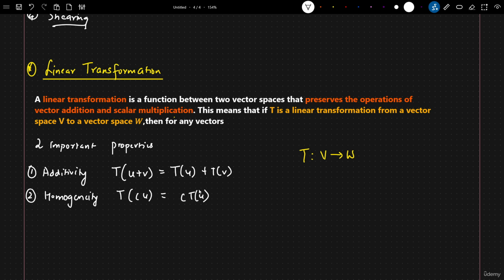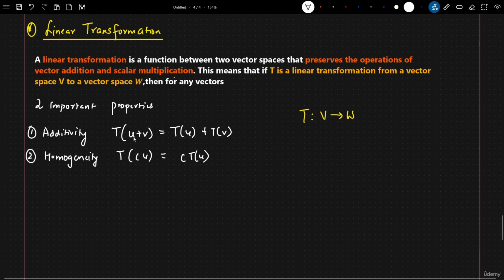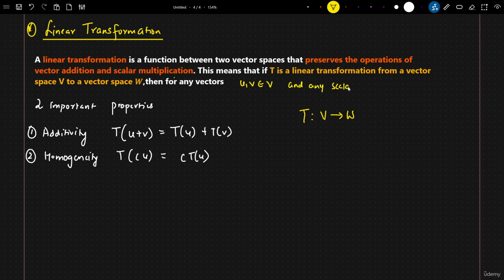Now let me denote what we have. For any vectors u, v belonging to V, and any scalar value c, this transformation needs to satisfy these two properties.